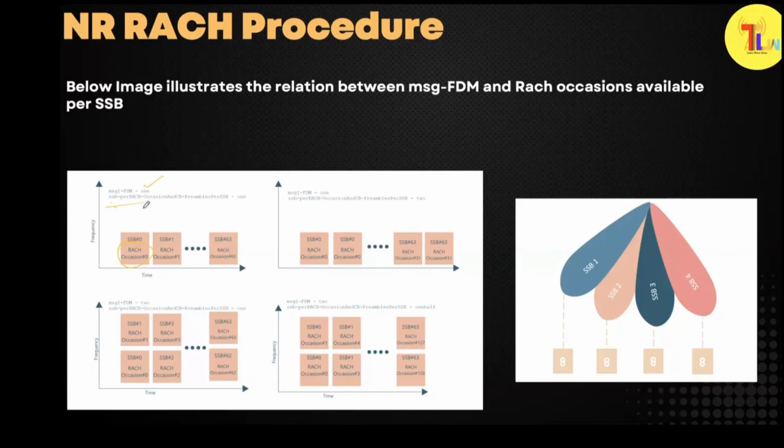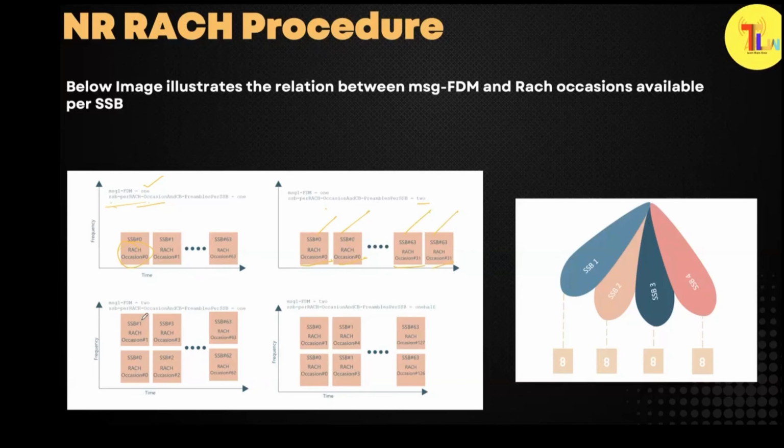That means per RACH occasion I'll be using one SSB, and for another SSB, RACH occasion 1, till 63. Going to another example, you can see here it changes: SSB per RACH occasion is 2, so two SSBs are using RACH occasion 0, and so on till SSB 63.